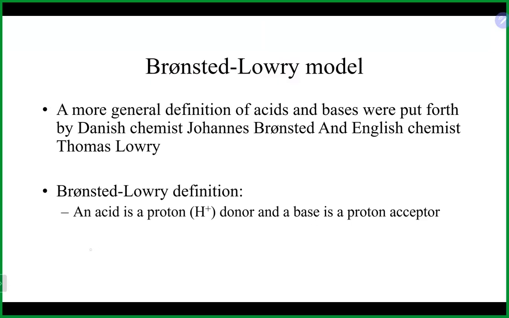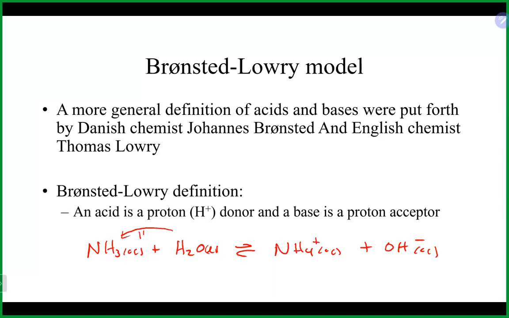So if we look at the reaction that we just saw there, our NH3 plus our water, in this case, it is the water donating the H+, which means in this case, water is our acid, and our NH3 is our base.